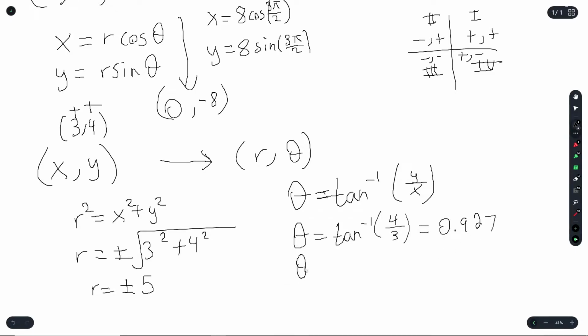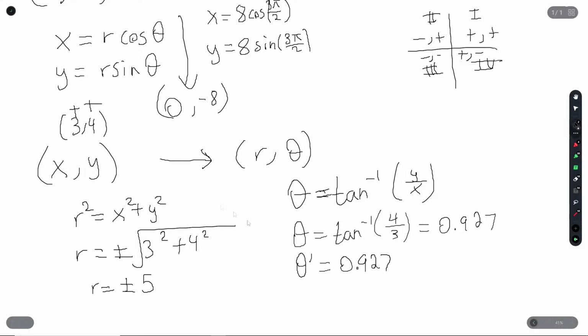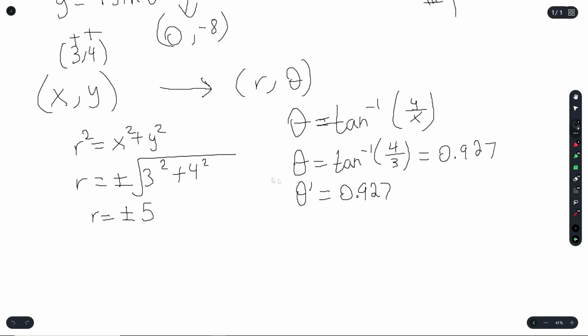And then you find theta prime. Here for theta prime, you just do a shift tan of 0.927. You'll get the same answer again, 0.927. So the theta is already theta prime. After that, since it's in quadrant 1, we do the theta prime formula for quadrant 1, which is theta of quadrant 1 is equal to theta prime.